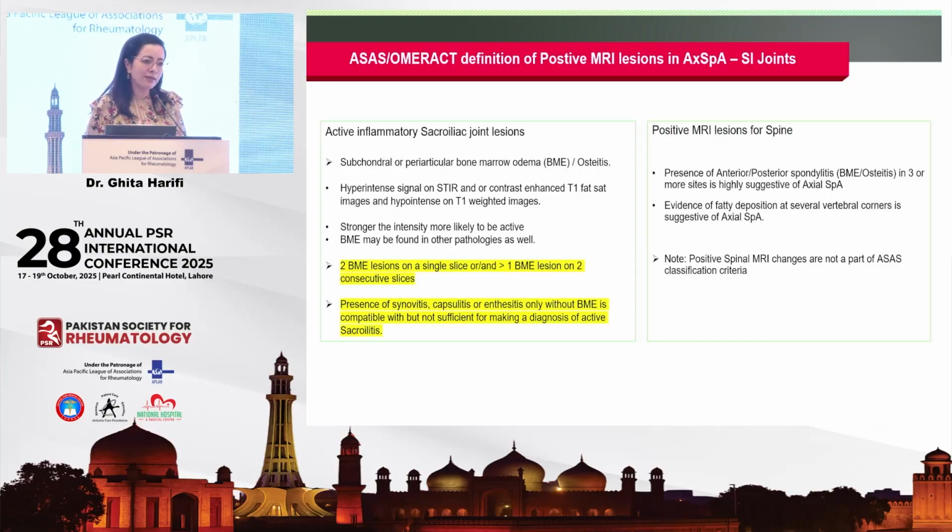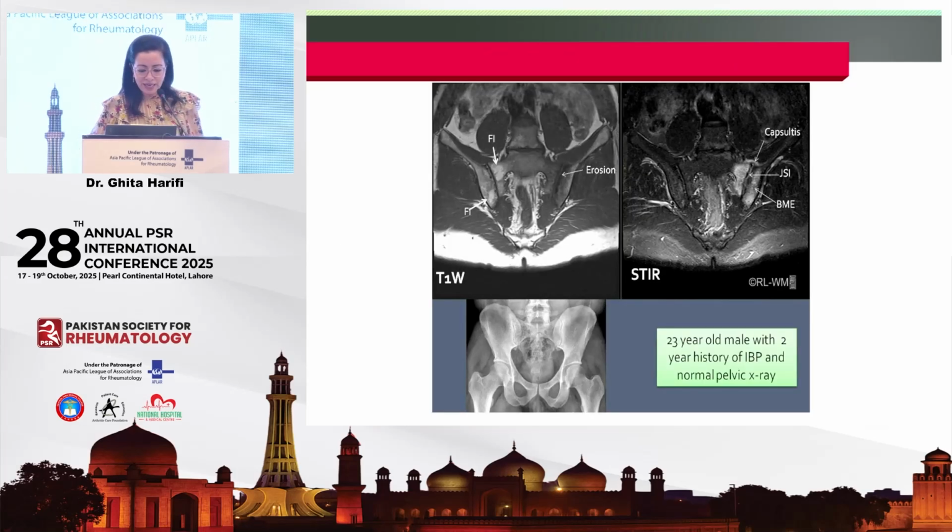And this is, I think, one of the limitations of this definition, because we will see that we'll have some patients who do not typically have bone marrow edema in the sacroiliac joints, but they have clear sacroiliitis. It's rare, obviously, to have synovitis and capsulitis without bone marrow edema, but this does not mean that they don't have inflammation in the sacroiliac joint.